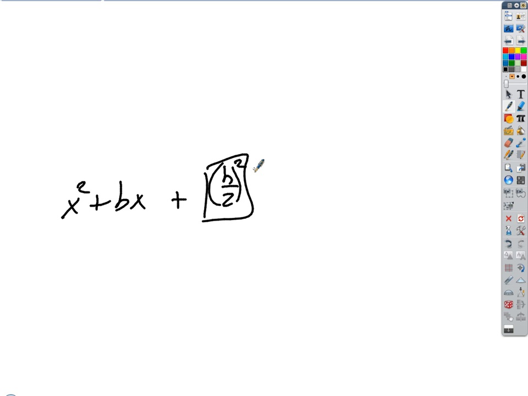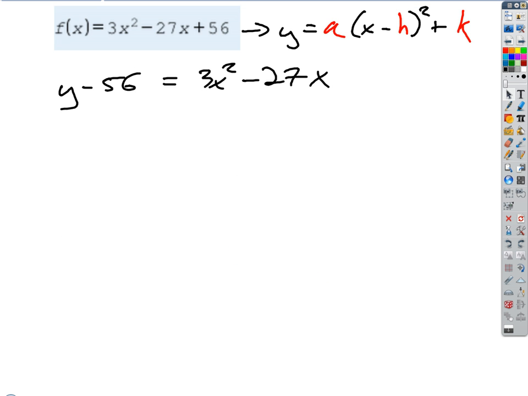And that's always going to factor into the perfect square x plus b over 2. Whatever the number is that we're squaring to create the perfect square trinomial, that's the one that's coupled with x in the perfect square, right? So that's our strategy. We got to divide by 3 then, both sides to get that.